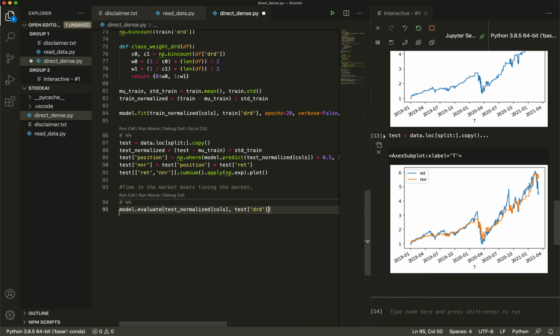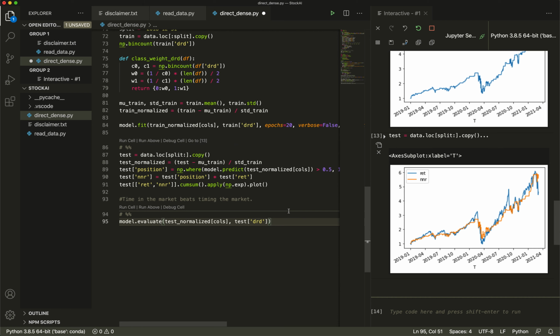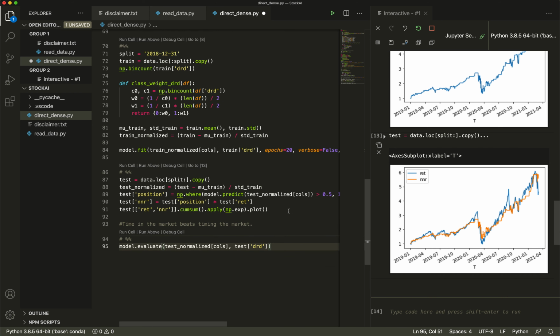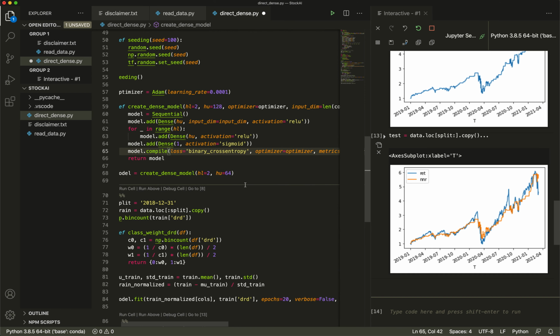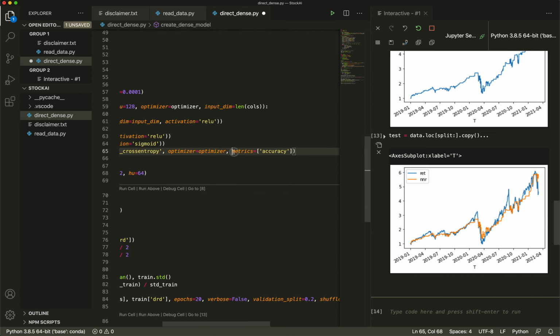What this command is going to show you is the loss function, which the neural network is optimized on. We have a loss function that's defined in terms of binary cross entropy. And when we built the model, we have another thing used as the metrics input called accuracy. The accuracy tells you the number of correct predictions versus the number of wrong predictions.